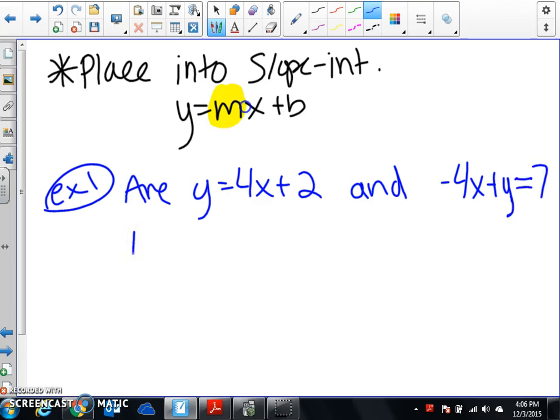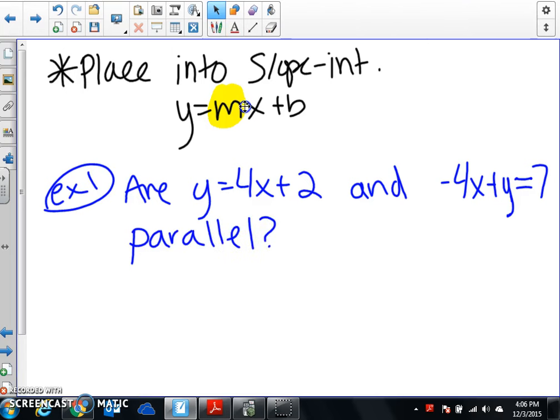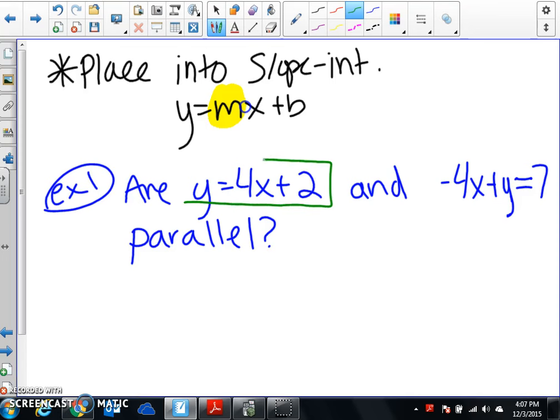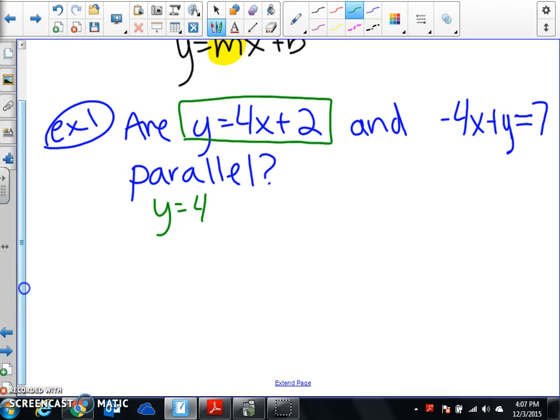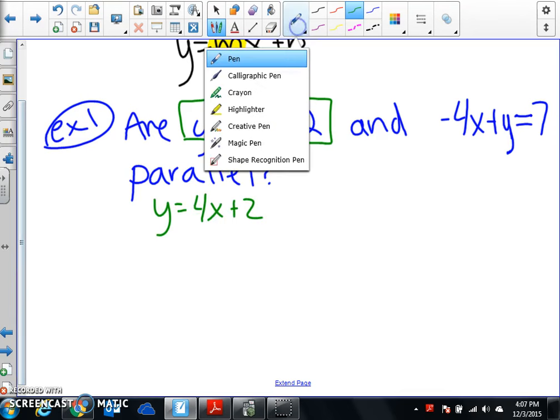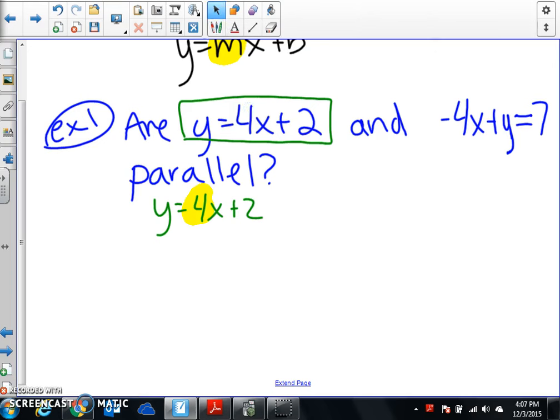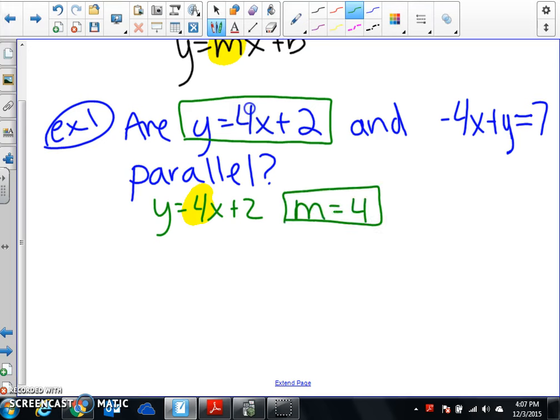Parallel? And lucky for you, the first one is already in y equals mx plus b. So I would say, okay, y equals 4x plus 2. My slope is 4. So for this one, m equals 4. For my second equation, I need to put it in y equals mx plus b.